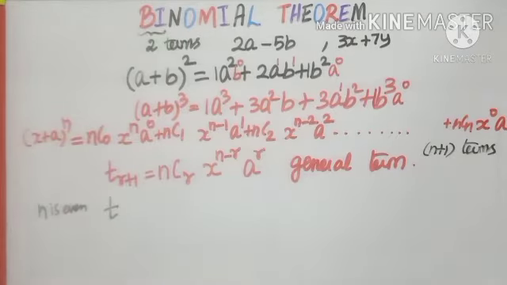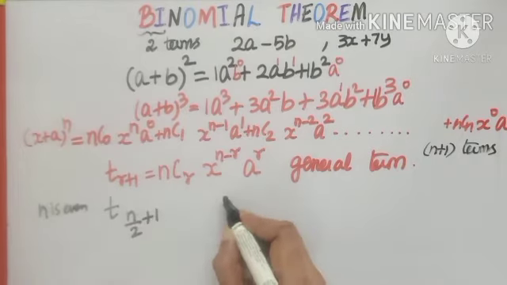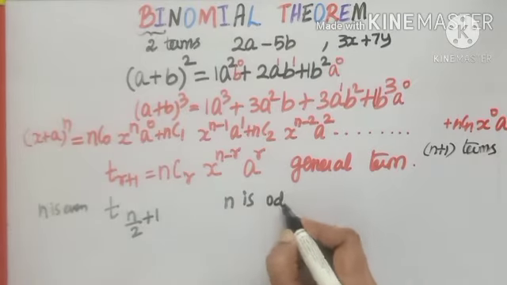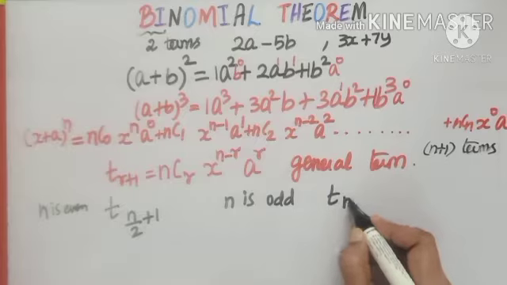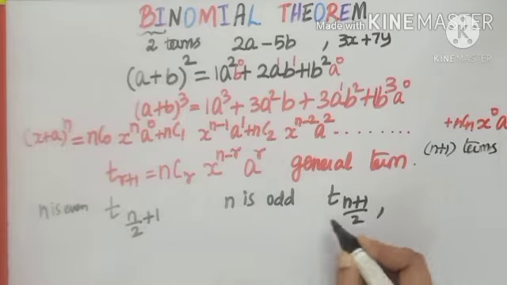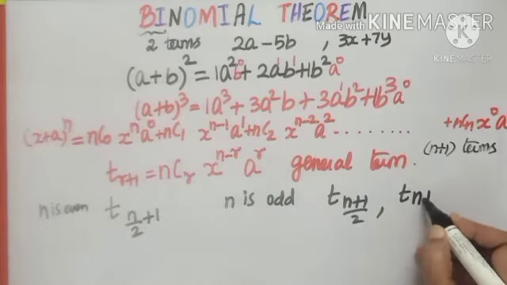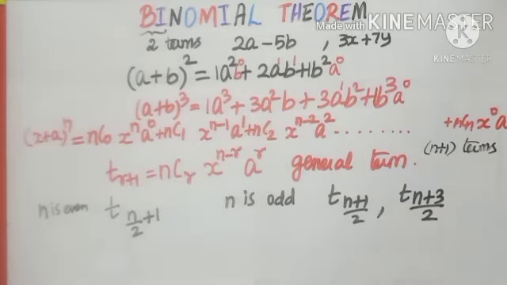So, how to remember the formula? When n is even, we have T(n/2 + 1). When n is odd, we will write T((n+1)/2), one answer, and T((n+3)/2), another answer.